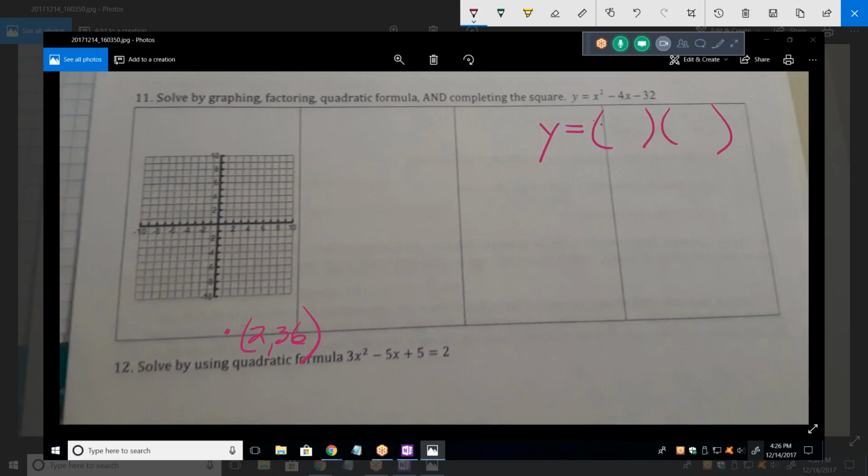Okay, so how does this factor? It would be negative 4 and 8. So x plus 4 or x minus 8. But I would prefer you to do it in 3 steps.